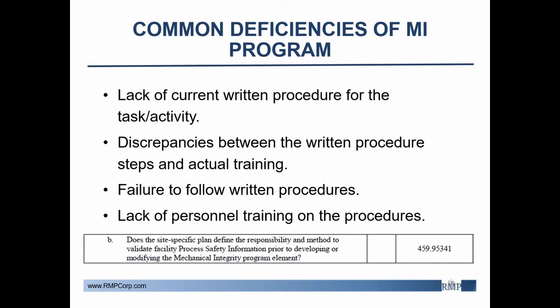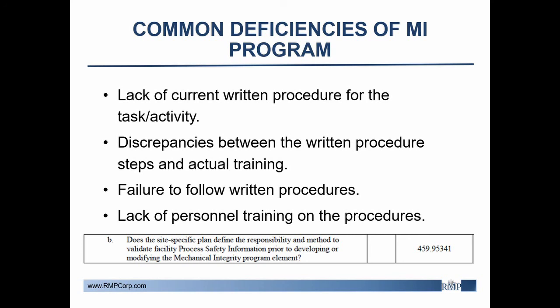The next item is discrepancies between the written procedure steps and actual training. In this case, training can be conducted on incorrect written procedures, causing confusion in the actual operating parameters of a unit. Next, we have the failure to follow written procedures, usually because of inadequate or missing or confusing or incorrect information in the procedure.